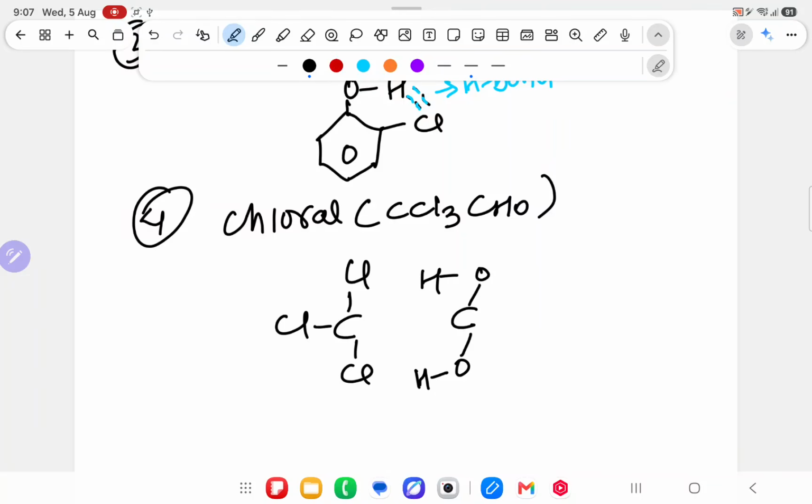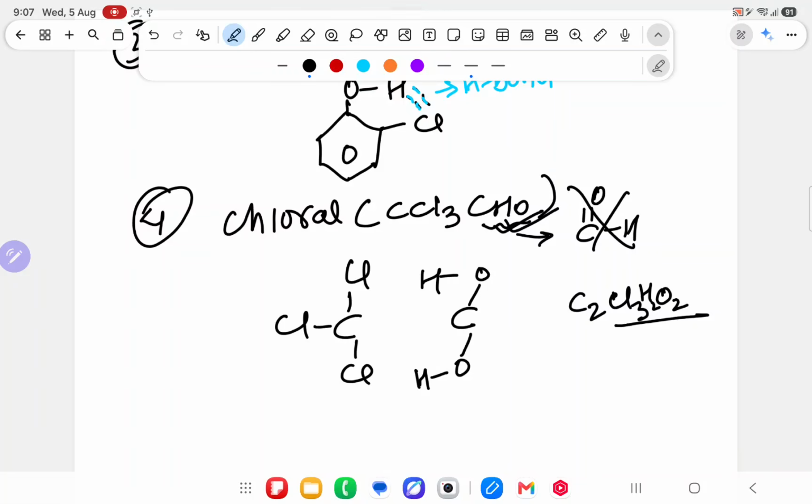Now after seeing it, you will say, sir, this is the CHO, C double bond O, H, aldehyde. No, it is written like this, but the molecular formula is coming like this: C2Cl3OH2O2. The structure is like this: Cl, Cl, Cl, OH, OH. This is the structure of chloral.